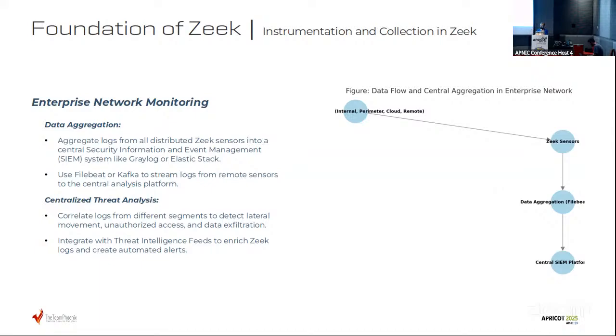And then in the SIEM or main log analytics platform, you can use Graylog, ELK Stack, or Wazuh, anything. You can even use proprietary software like Splunk or IBM QRadar, or there are so many out there. You can do that as well.